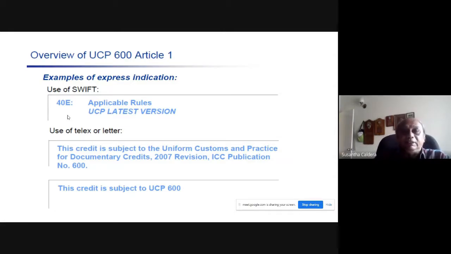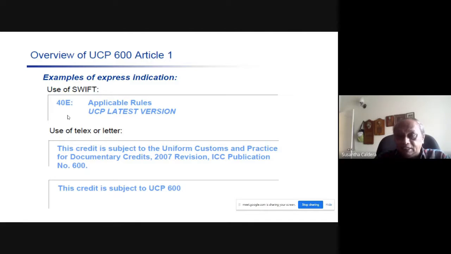Article 1 gives examples of express indication. It says the credit is subject to Uniform Customs and Practice for Documentary Credits, 2007 revision, ICC publication number 600. When you are sending a SWIFT message, we are not going to type everything.